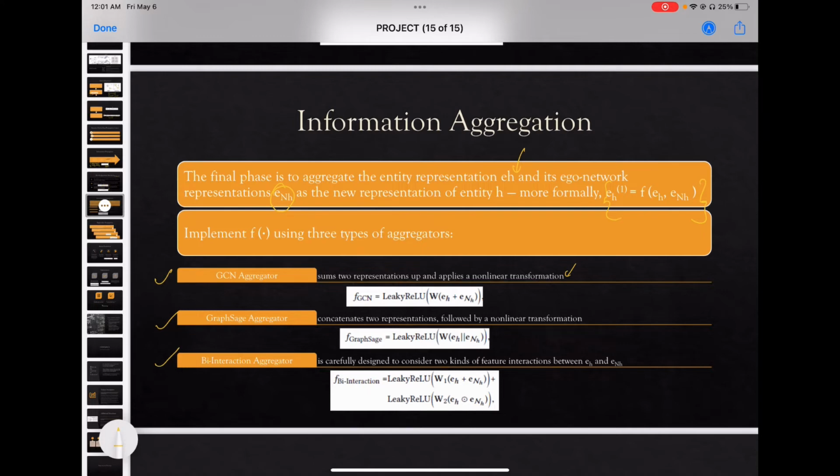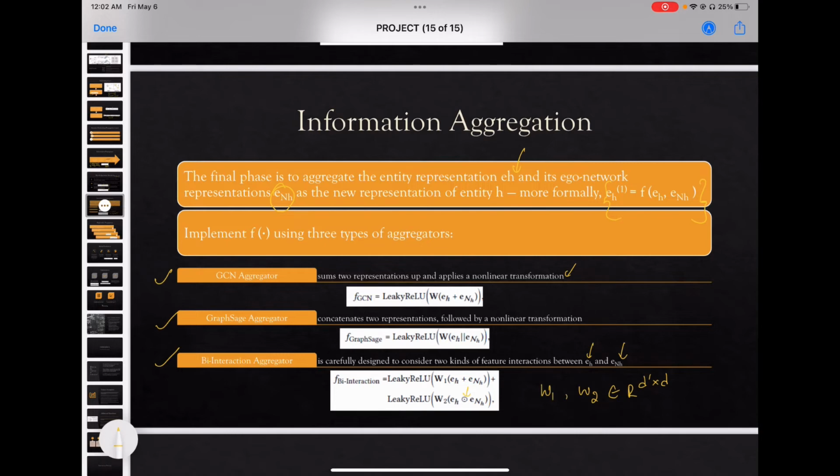The last type of aggregator is a bi-interaction aggregator, which is carefully designed to consider two kinds of feature interactions between the entity representation eH and its ego network eNH of H. Here, W1 and W2 belong to R^(d' x d), which are the trainable weight matrices, and the dot here denotes element-wise product.